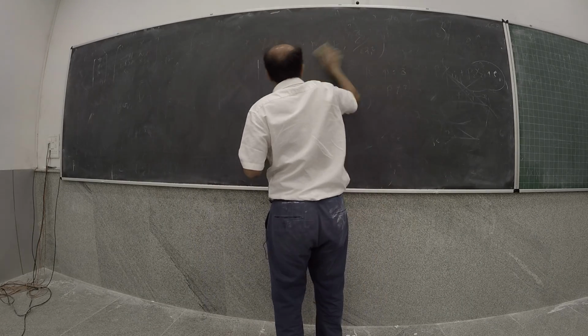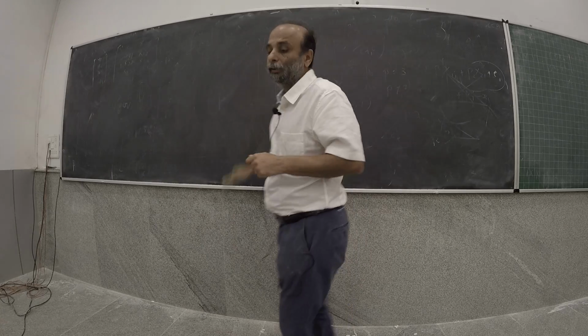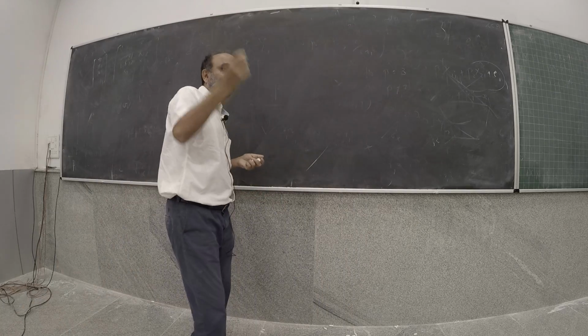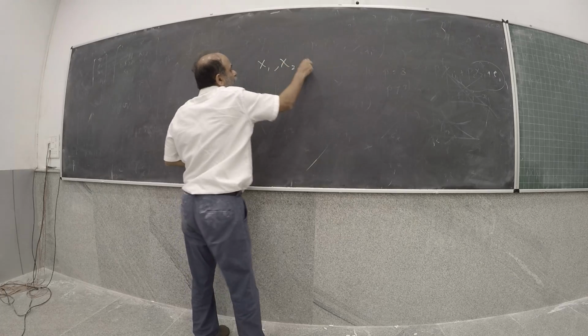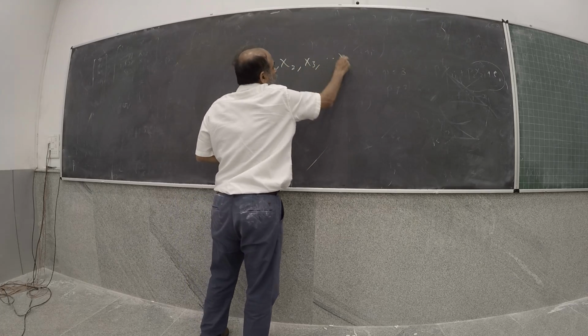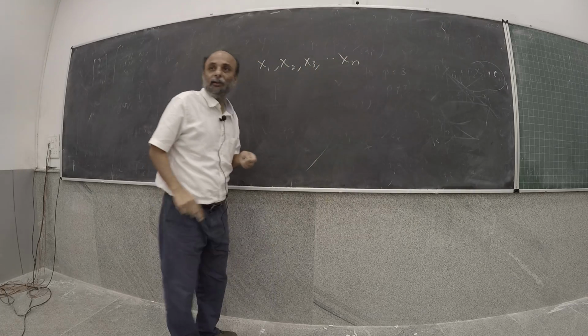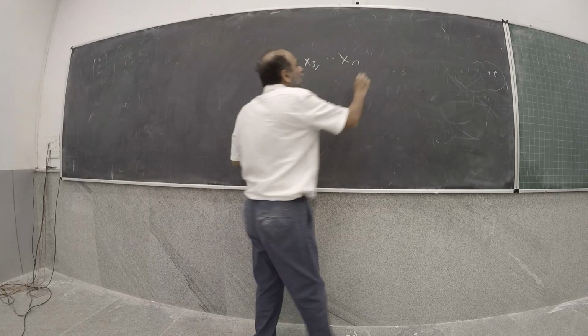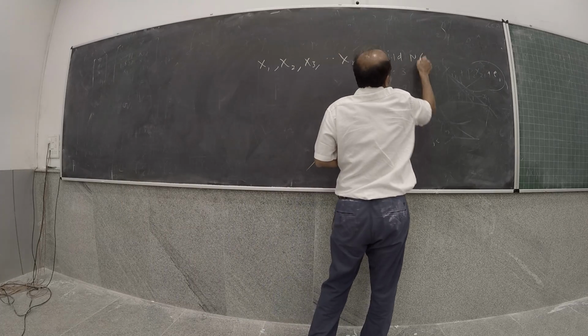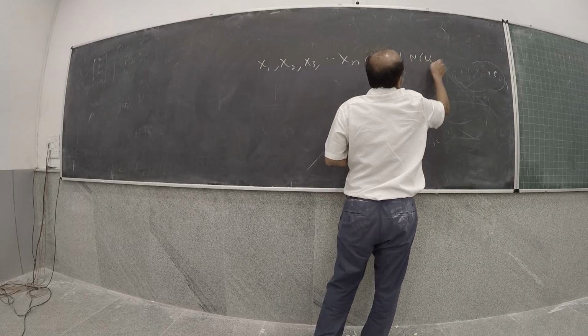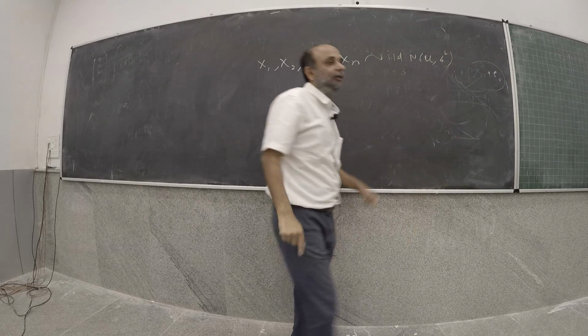Okay, so now think of x1 to xn as an IID sample from the normal distribution with mean mu and variance sigma square.